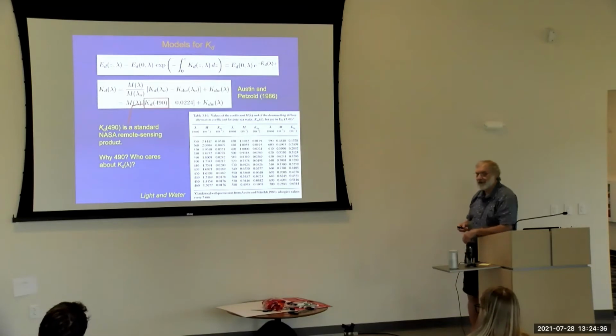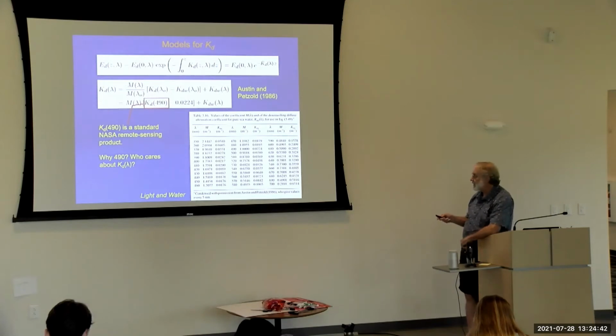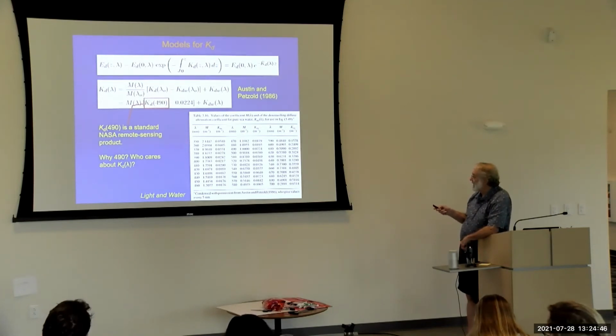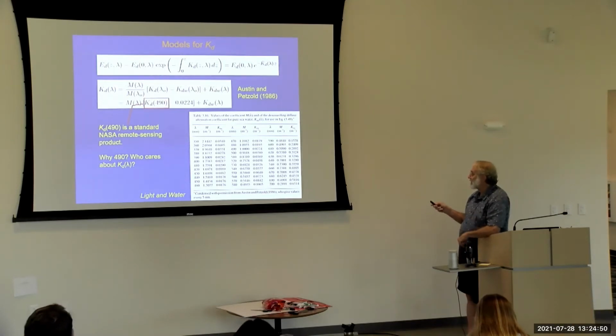Okay, so people over the years have done a lot of work to try to model KD. So here's our definition, and if K were constant, or if you used an average value down to some depth, you just have a nice little exponential.